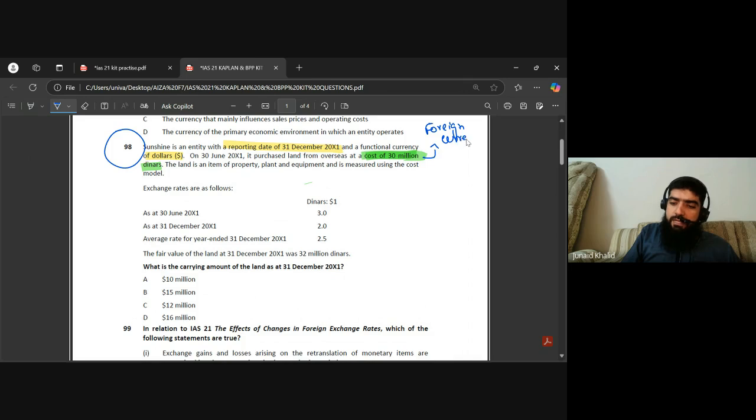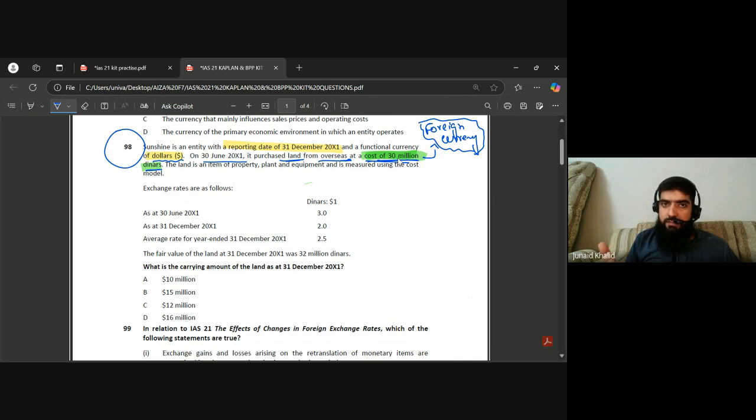So this is a clear indicator that if the transaction is given in dinar, it means it's a foreign currency, and obviously the other one is going to be the functional currency. On 30th June 2001, it purchased land from overseas at a cost of 30 million dinars.